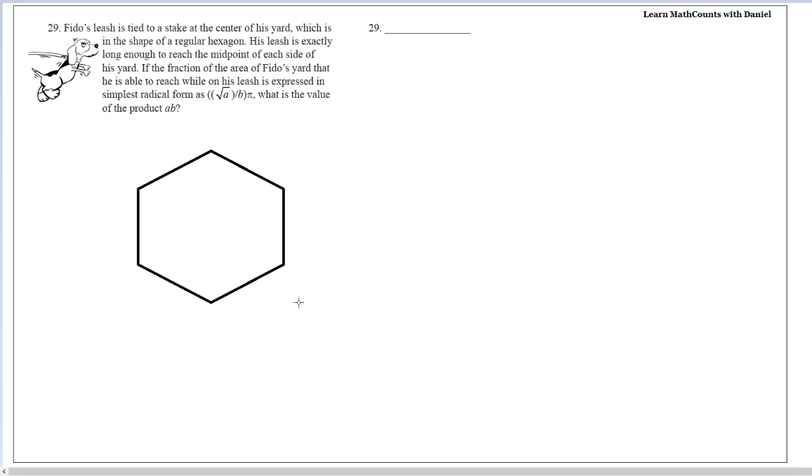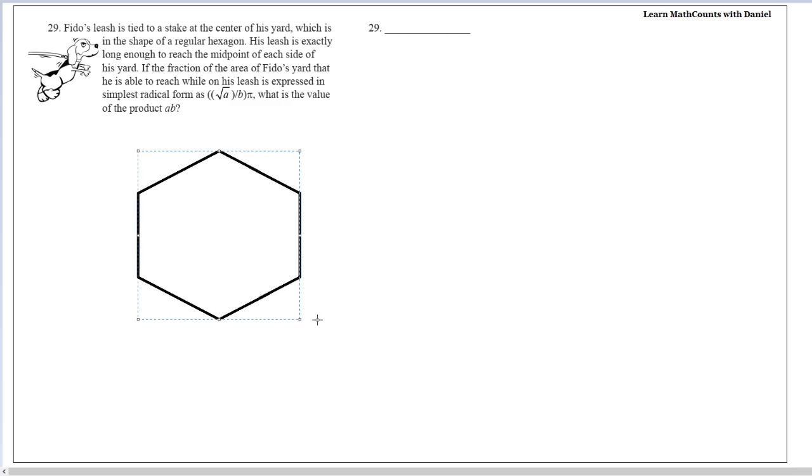Alright, so I have drawing tools. His yard is a hexagon. The area he can reach will be in the shape of a circle, because by definition a circle is the set of points that are a certain distance away from a certain point.